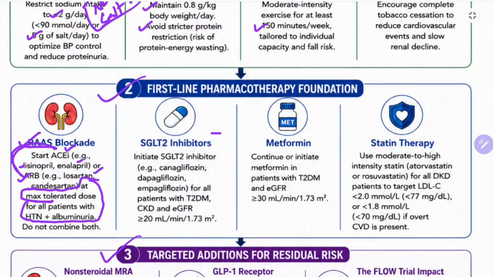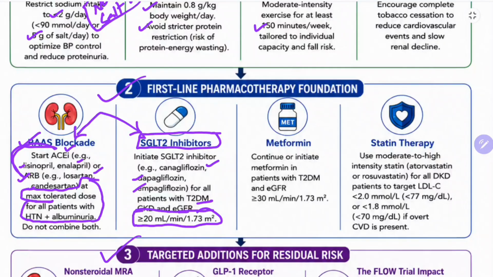So that is the one thing, RAS blockade. Second thing is SGLT2 inhibitors. So what will these two do? These two will reduce the intraglomerular hypertension, hypertension in the glomerulus. We have discussed in the pathophysiology. So we should initiate SGLT2 inhibitors. The preferred ones are canagliflozin, dapagliflozin, empagliflozin for all patients with type 2 diabetes mellitus having CKD, and the condition is eGFR should be more than 20.